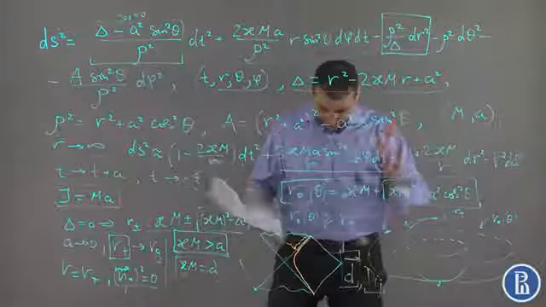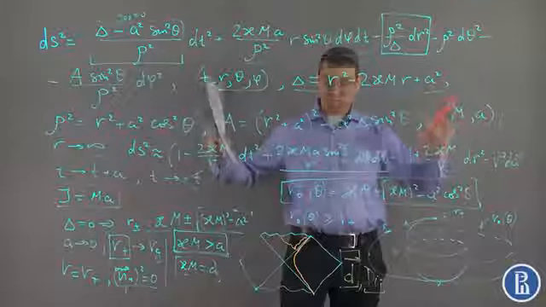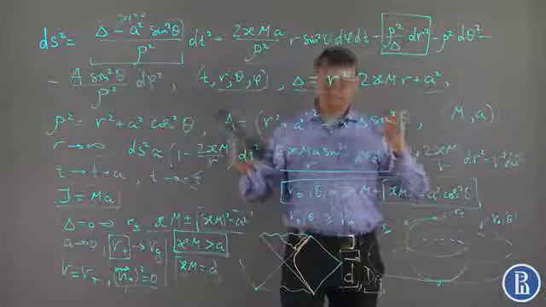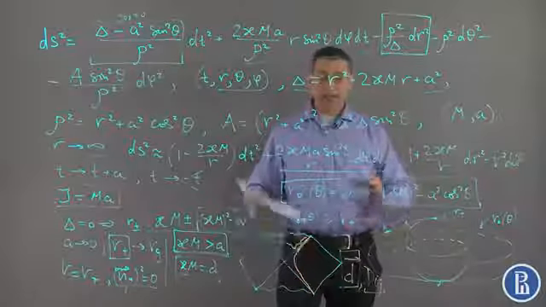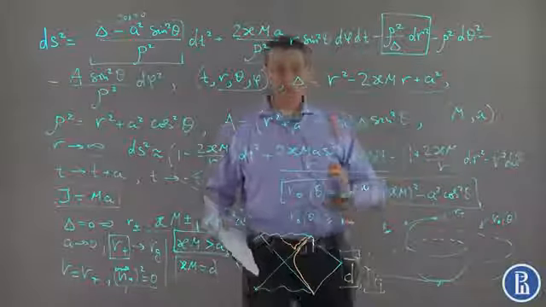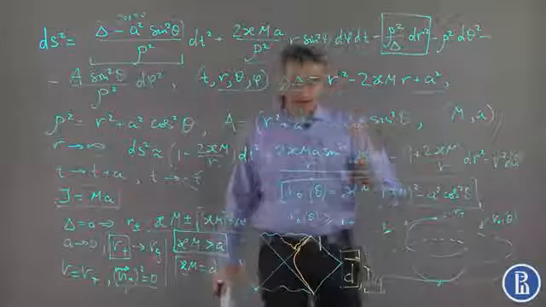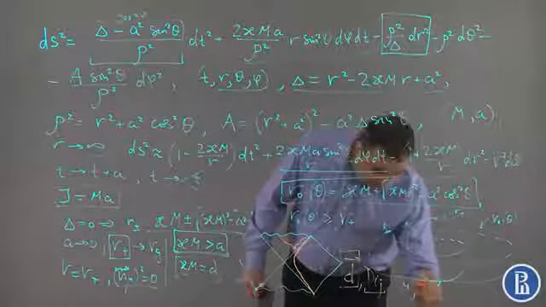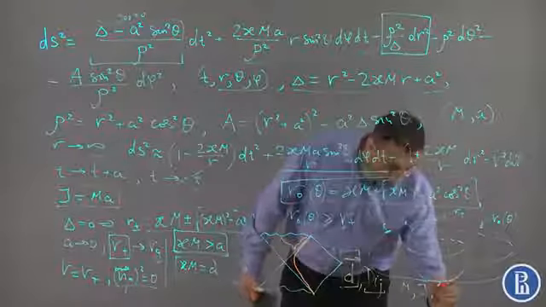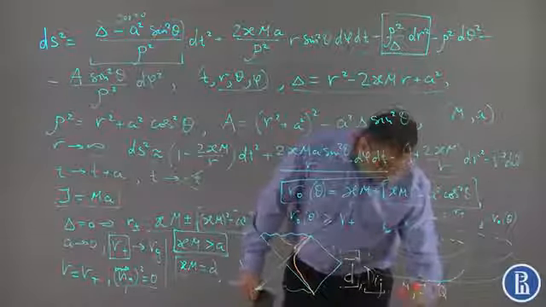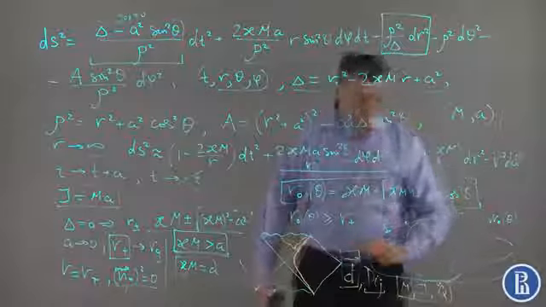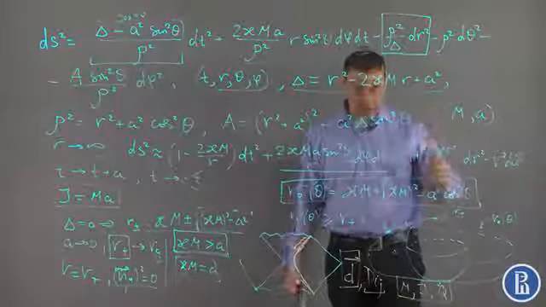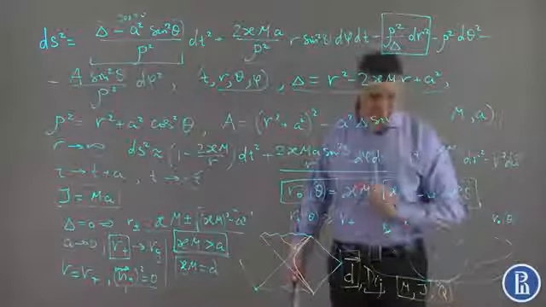So again, let me say what happens. During the collapse process, everything that can be radiated is radiated. What remains is the object which is characterized only by three charges: mass, angular momentum, and, if there is an electric field, electric charge. These are the only charges which cannot create electromagnetic or gravitational radiation.